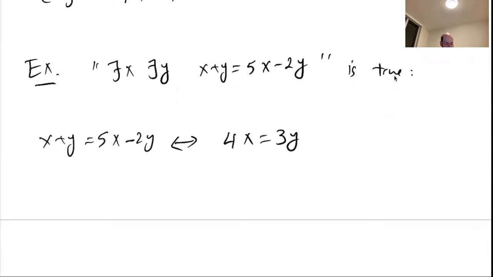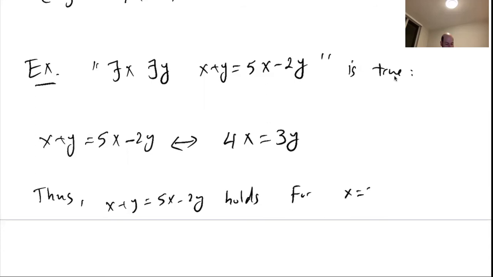So for example, x plus y equals 5x minus 2y holds for x equals 3 and y equals 4. I want 4x to be equal to 3y. So there are so many options for x and y, but one simple option is that I can choose x to be 3, because then 4x becomes 4 times 3, which is 12.